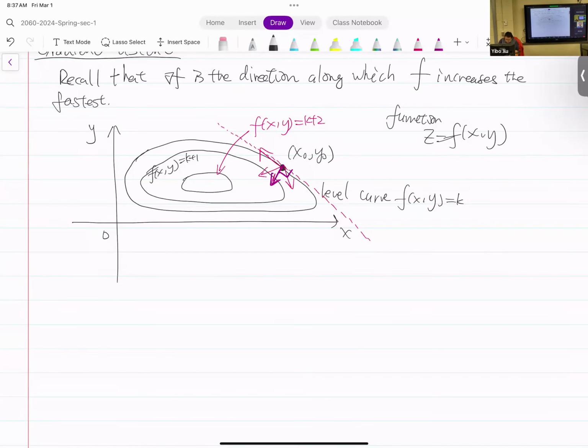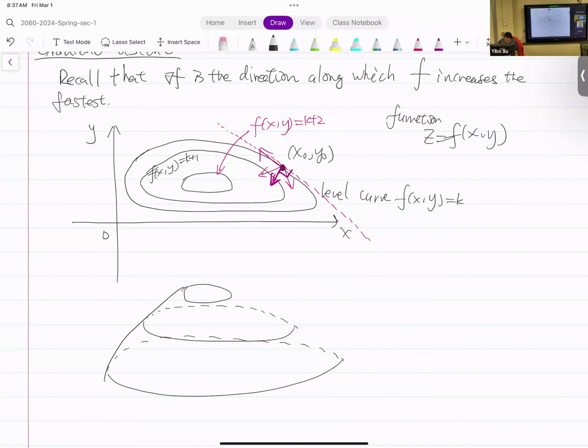The middle contour curve is the output level that's highest, and then the lower one is going to be a contour curve that's lower, and of course the largest contour curve is actually the lowest, right?